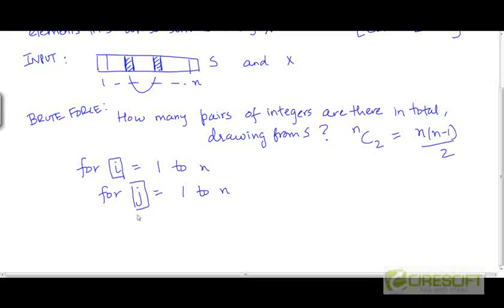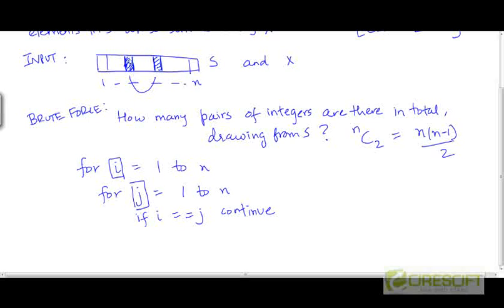So you'll just say that if i is equal to j, you'll just continue. This means you'll just immediately exit the body of this loop and iterate over the next possible combination of i, j. You don't want to pick the same element twice.